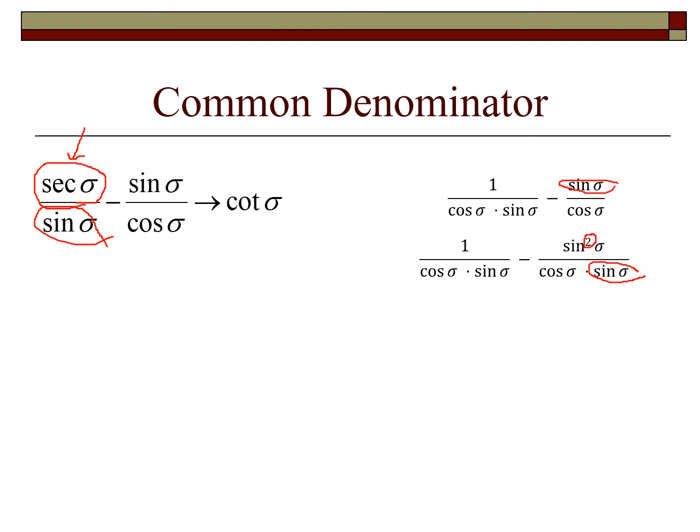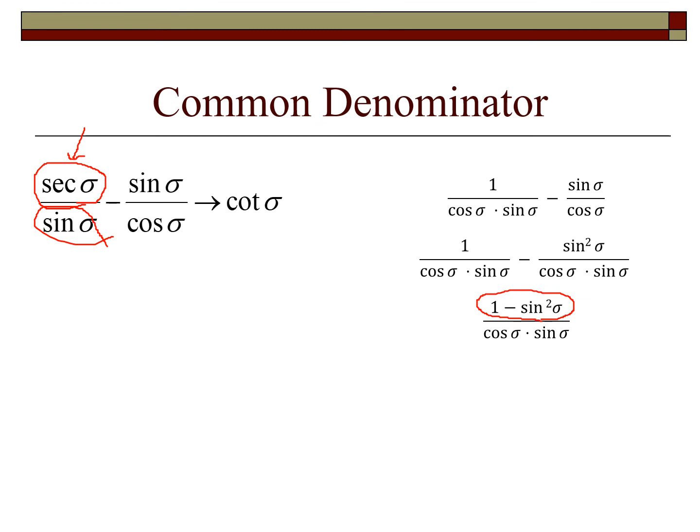So sine times sine is sine squared. Now that we have a common denominator, we can write these two fractions as one fraction. There it is. The common denominator is right there. And then the top is just 1 minus sine squared.